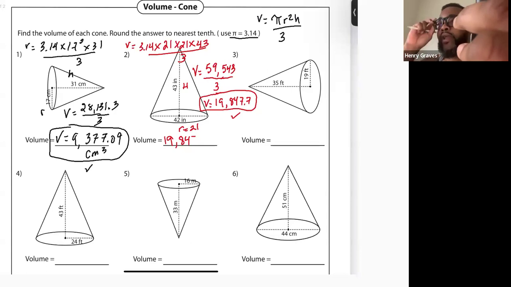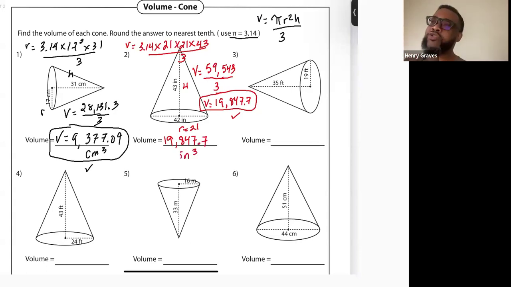All right, on number 3, again, they took it sideways to try to trick us, but we know this is the height because the height inside the figure is 35. This is my radius. So my volume is going to be 3.14 times 19 squared times 35, still divided by 3.